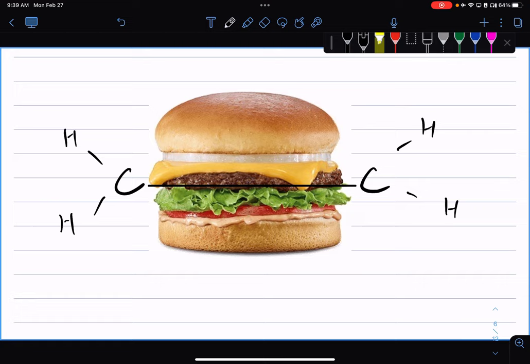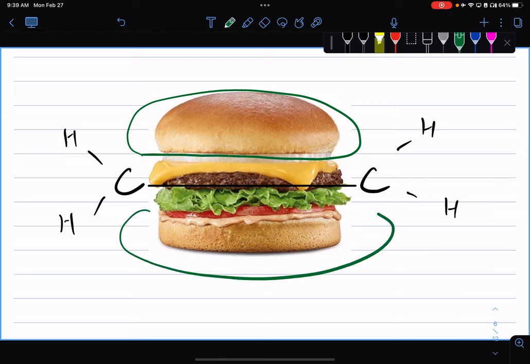So that's in the middle. And then both of the breads here, on the top and bottom, are your pi bond. Not just the top one, both of the breads give you the pi bond.